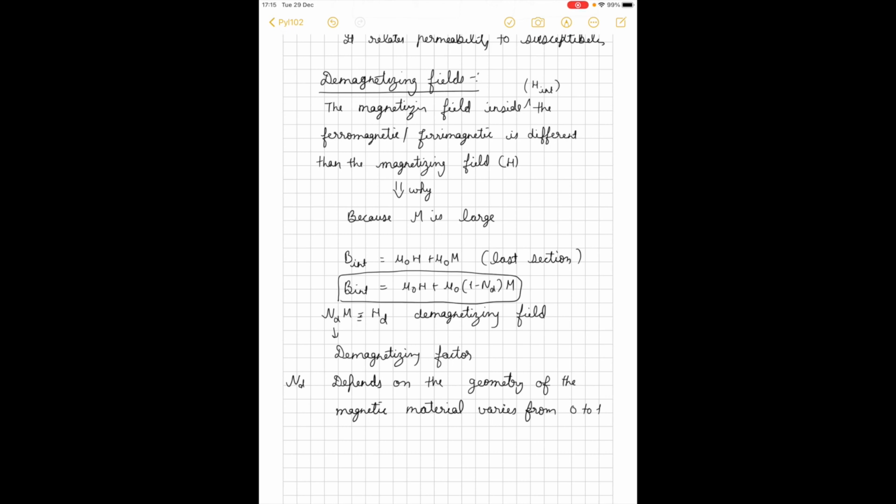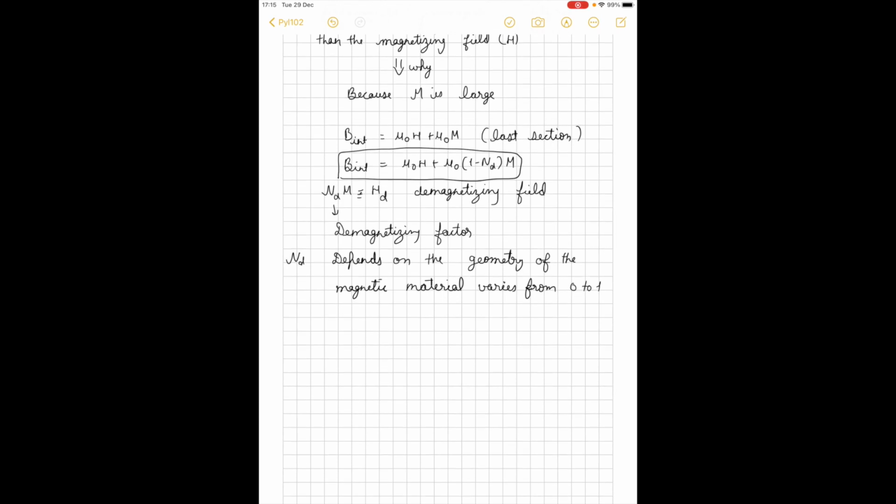Otherwise, there are plenty of other materials which fall into this category. But now there are some other ways to describe magnetic materials using, let's say, magnetic susceptibility, a relative sign of these values.